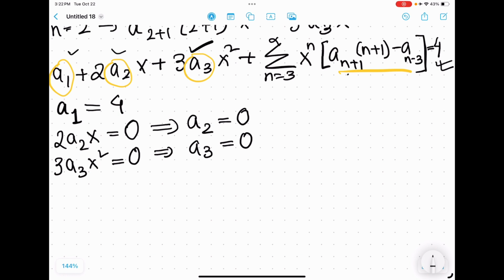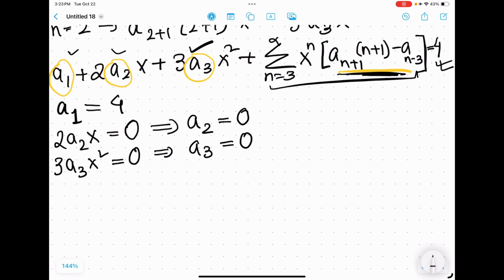Now we have these coefficients right here, and we need to solve for these. Again, let's go back to the idea of looking at what I have on my right. This series right here is applicable when n is equal to 3, right? So I'll have my coefficients for x to the power 3, x to the power 4, x to the power 5, x to the power 6, and so on.